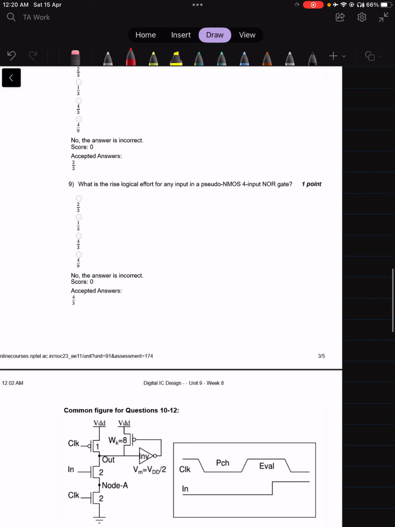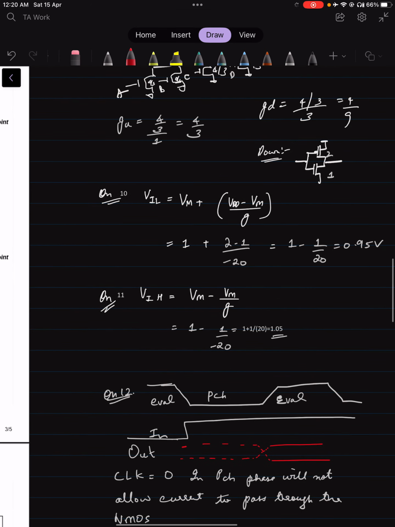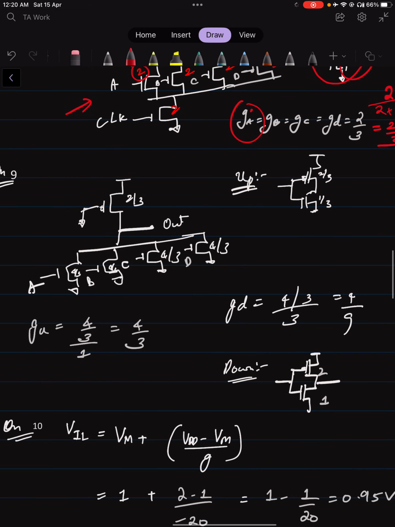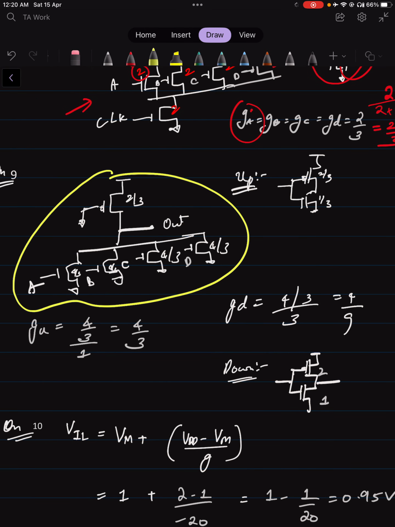And question 9, what is the rise logical effort for any input in a pseudo NMOS 4 input NOR gate? Again, let's look at the circuit. Here's the circuit for it, pseudo NMOS 4 input NOR gate, and the reference for rise is as shown here, which is 2 by 3 and 1 by 3 for the PMOS and the NMOS respectively.